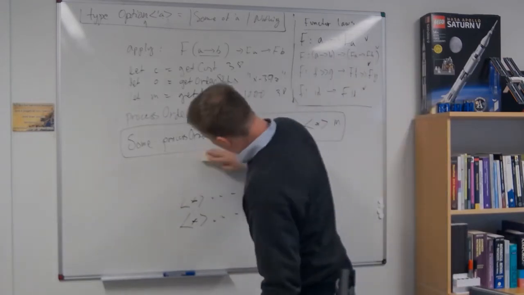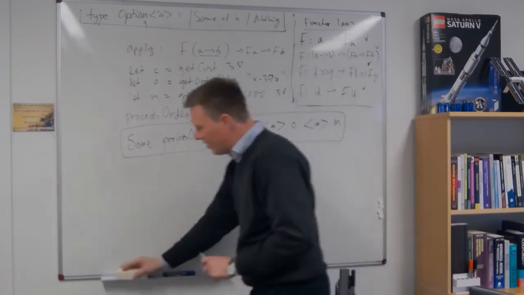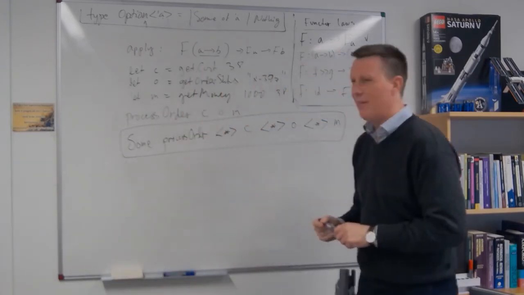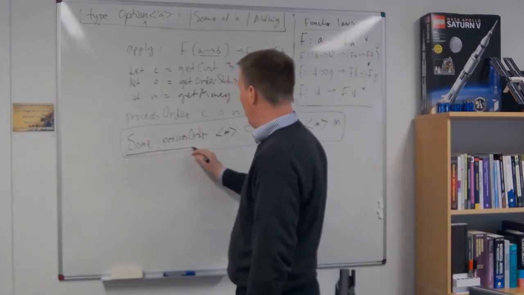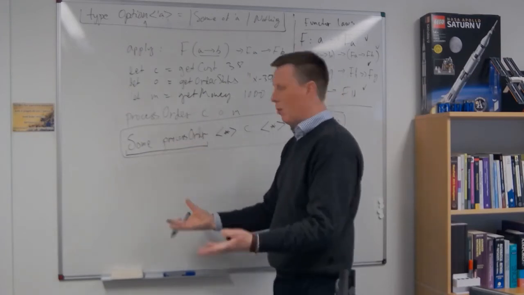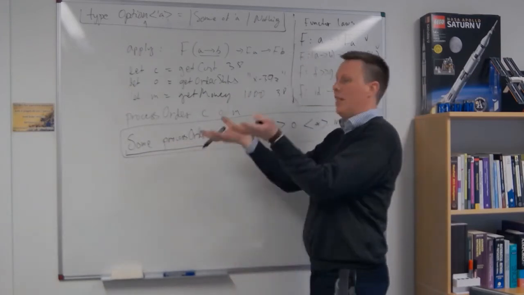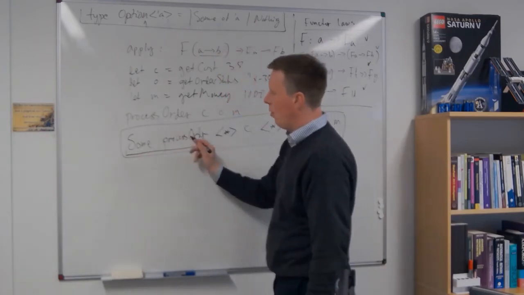Now, there's a little trick we can do to improve on this just a tiny little bit, to make it even nicer. This act of lifting the function, we talked about this in the previous lecture, we lifted it into this elevated world. So now I just wrap this function in an option.